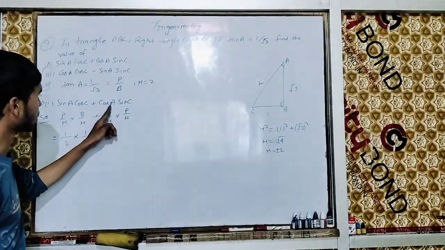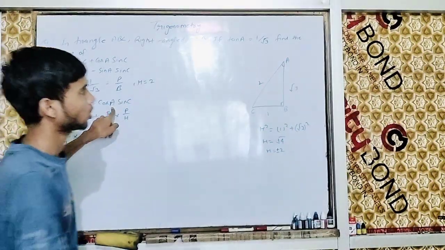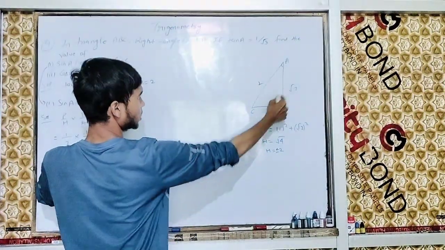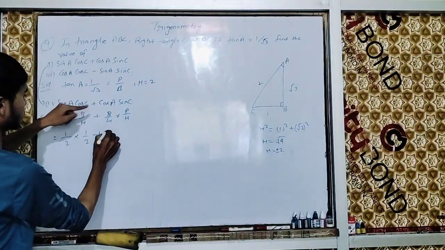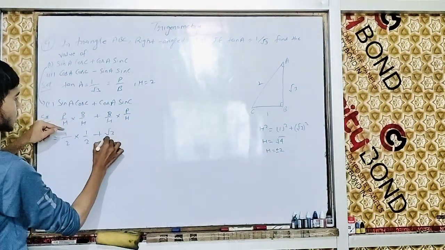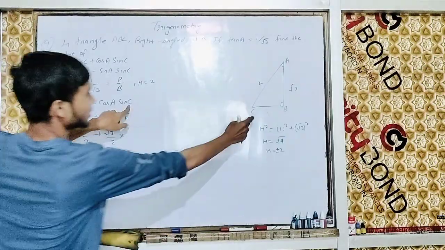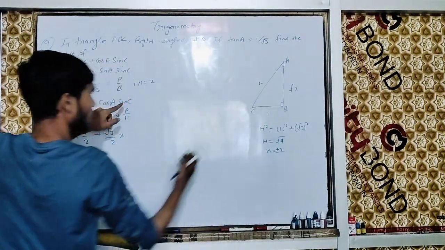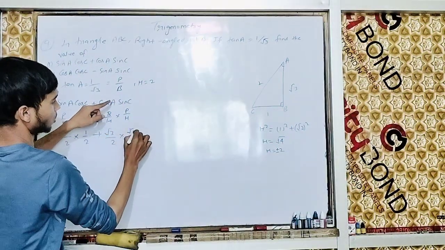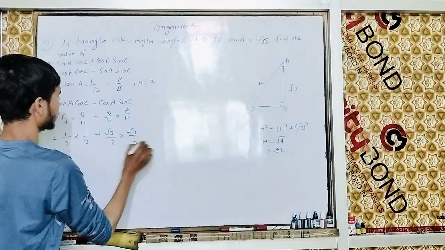Next, according to A, the base would be root 3, and H is a fixed 2. Then according to C, the perpendicular is root 3, and the hypotenuse is fixed.